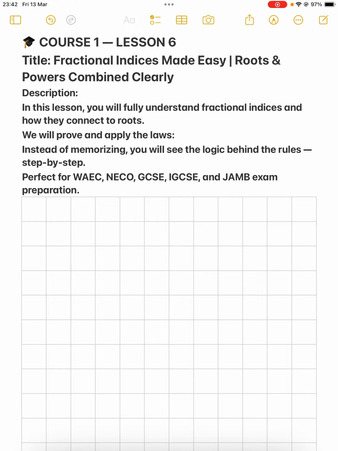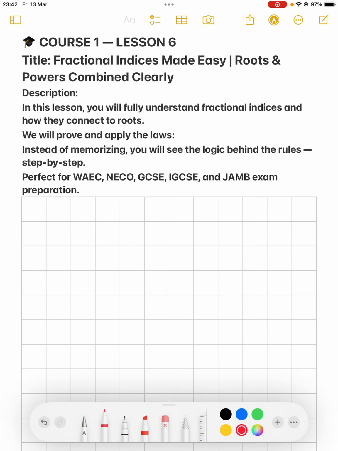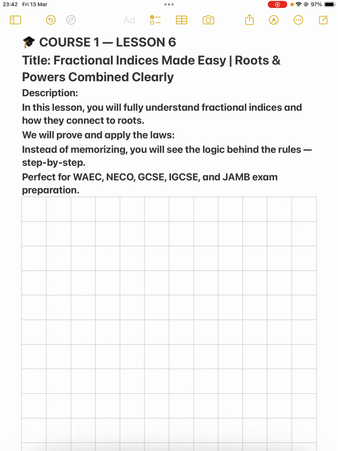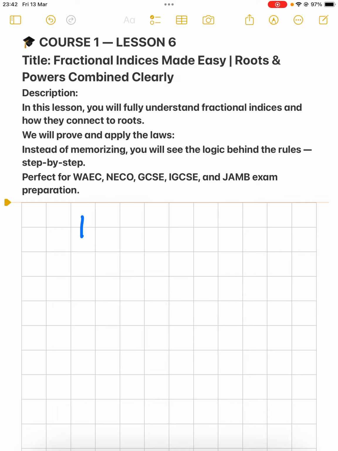Fractional powers scare many students. They see something like 16 raised to power half, and they freeze.